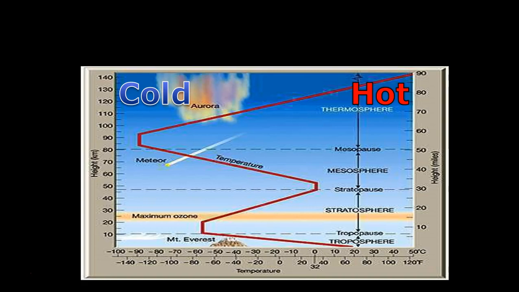There's fewer air molecules, and then as we get to the very top, into the exosphere, it's going to be very hot. And that's because you're in space, and the sun is hitting you. There's no protection between you and the sun. So, on the right side of your paper, if you didn't do this at the same time as me, go ahead and draw this in.